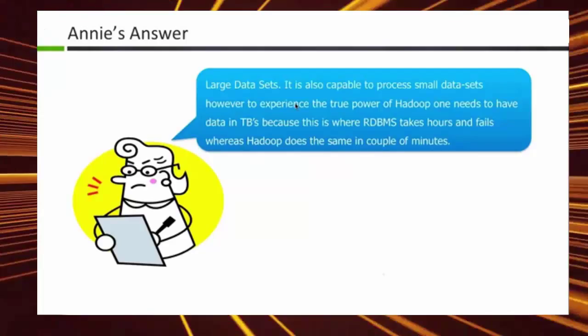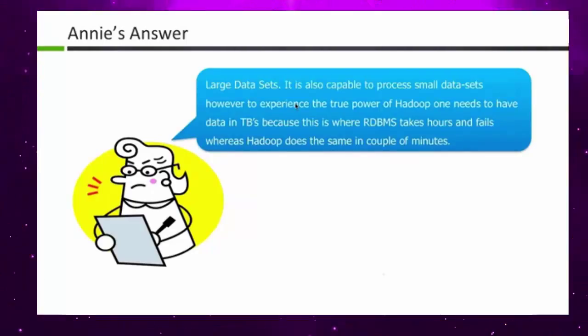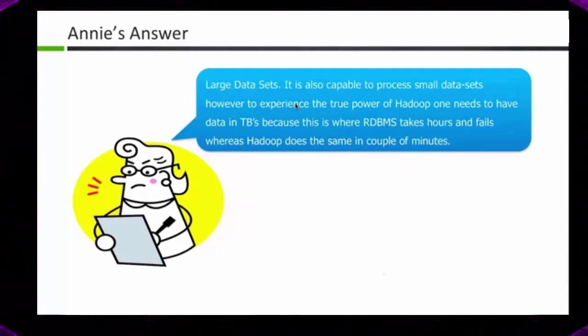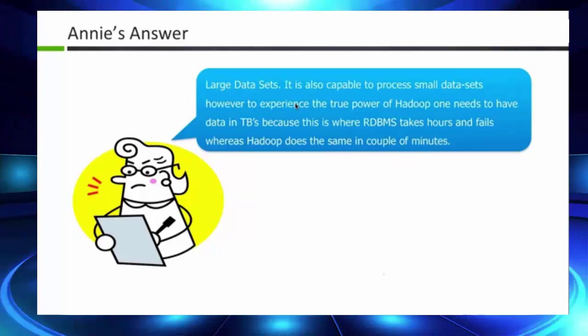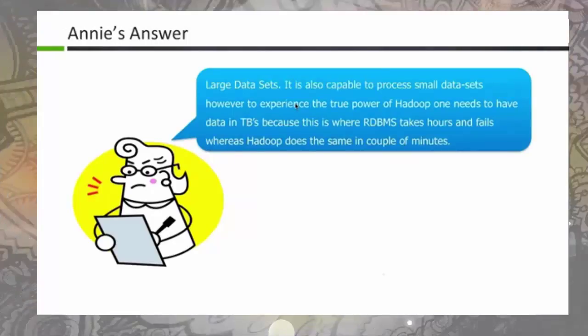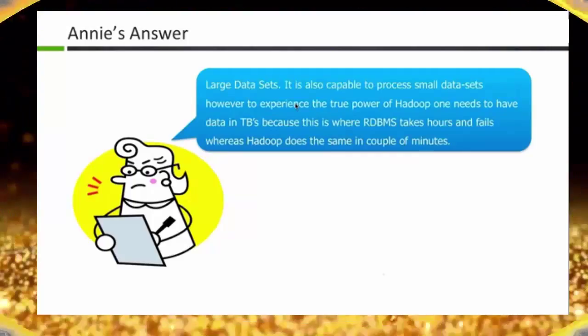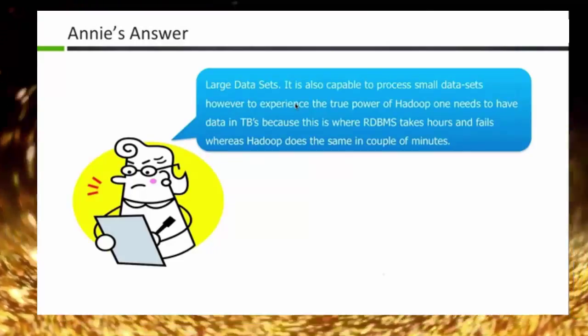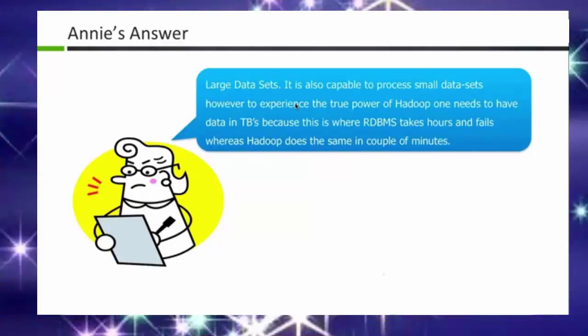Usually you will not use it for small data sets, otherwise the overhead associated with Hadoop will be huge as compared to when we are processing a large data set. Hadoop is not insufficient for small data, it can handle it, but you cannot unleash the power of Hadoop on a small data set. Is that clear to everyone, guys?